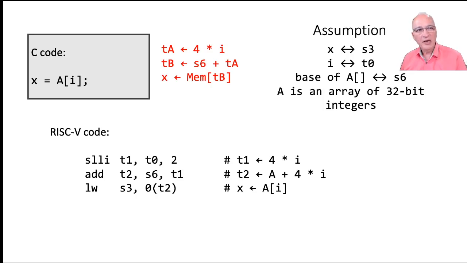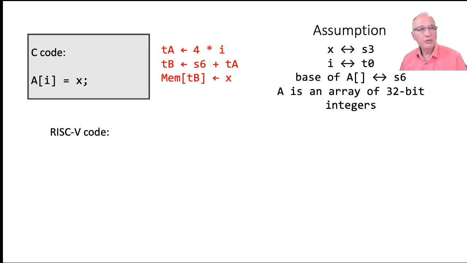Instead of doing the add S6 T1, why don't I use T1 S6 here in the load word instruction to address memory? The reason why I cannot do that is because such addressing mode does not exist in RISC-V. It exists in other architectures, but not in RISC-V, and it does not exist in MIPS either. So I have to do the addition before accessing memory.